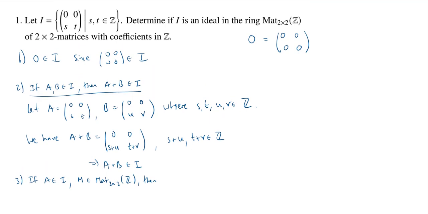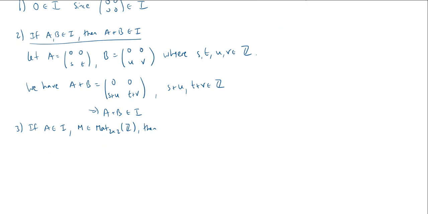Absorption has to work on the left and the right. Normally, if we were working in a commutative ring, this is not something we worried about because left and right multiplication are the same. But since we're working in a non-commutative ring, we have to check both directions. So AM and MA have to be in this proposed ideal I.